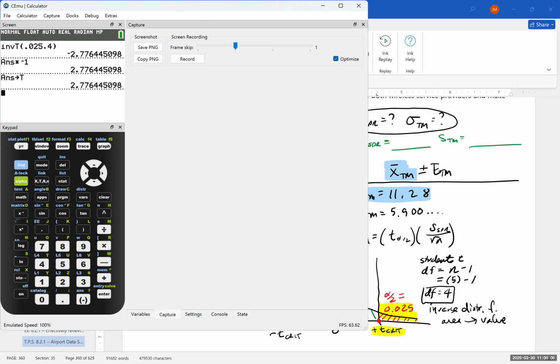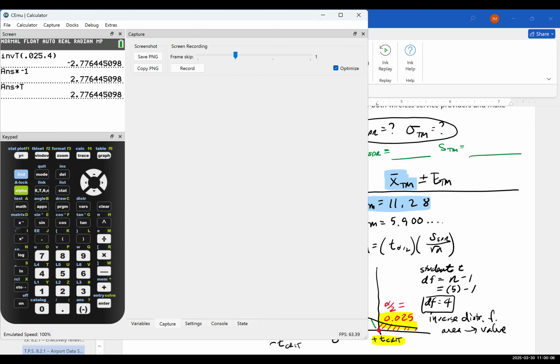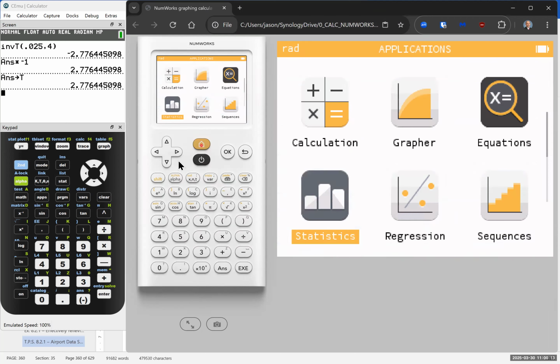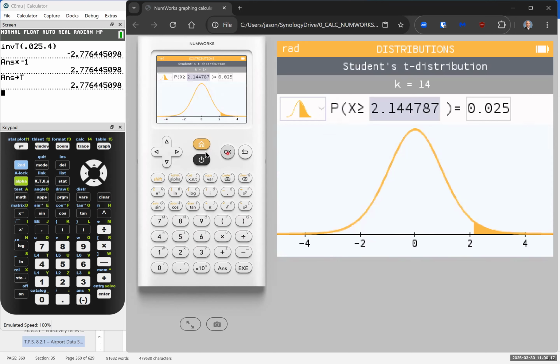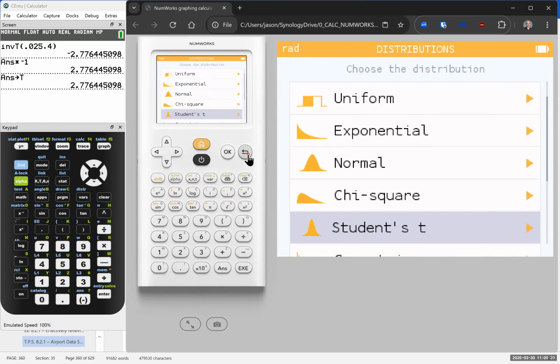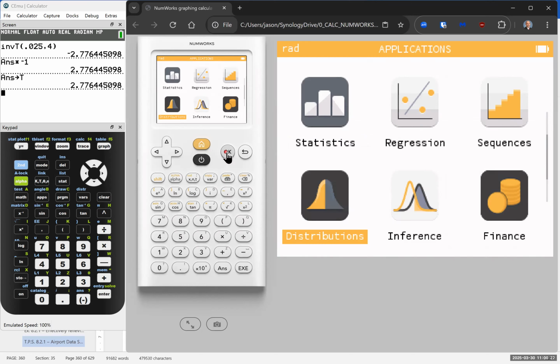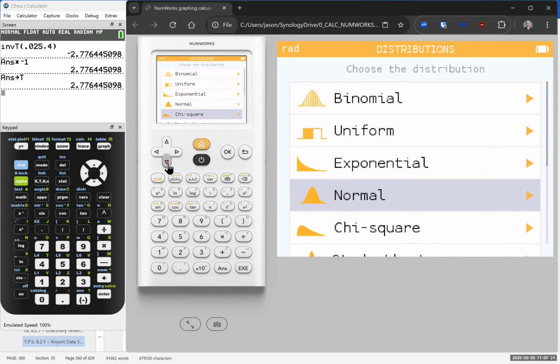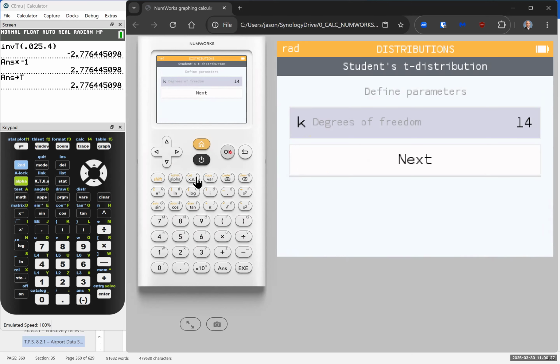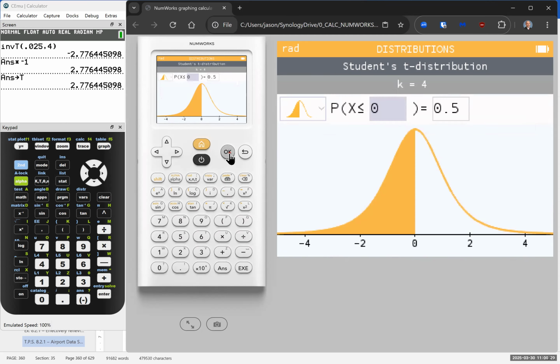Okay, so now let's go over here to the NumWorks calculator and click on Home and go to the Distributions app. Let me back out all the way. We want to go down to Student's t, 4 degrees of freedom, and I want the area on the right, which is 0.025.